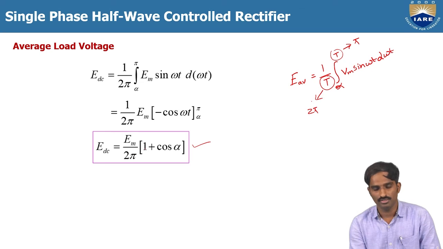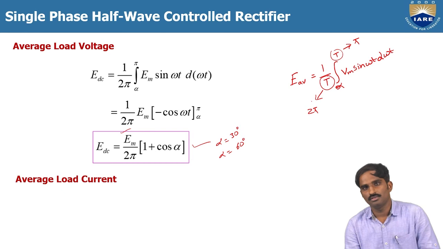The key parameter here is alpha, because Em is constant and 2 pi is constant, only the variable is alpha. So by changing the alpha value, we can control the output voltage. If we consider 30 degrees, then we will get some value of the average load voltage, and if you consider alpha equal to 60, then the value will change. Like this we can control the output voltage.